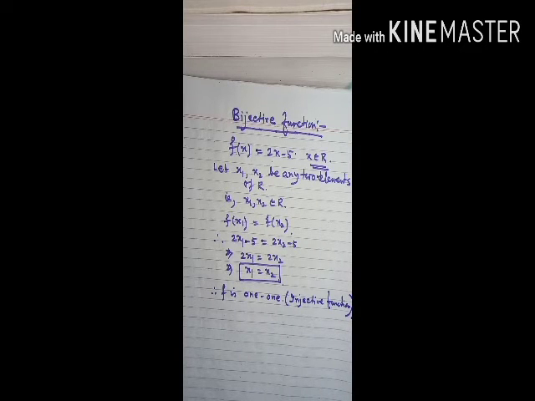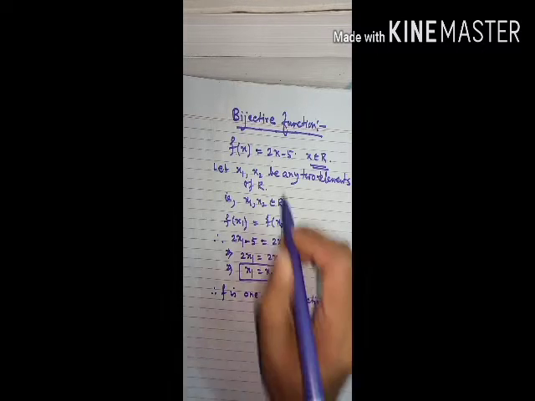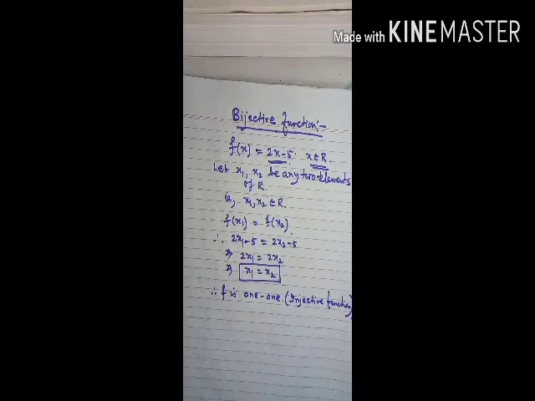Given f of x equal to twice x minus 5, you have to consider first x1, x2 be any two elements of R, that is x1, x2 belong to R. So we can write f of x1 equal to f of x2. So 2x1 minus 5, put this value here, equal to 2x2 minus 5. So 2x1 equal to 2x2, so x1 equal to x2.